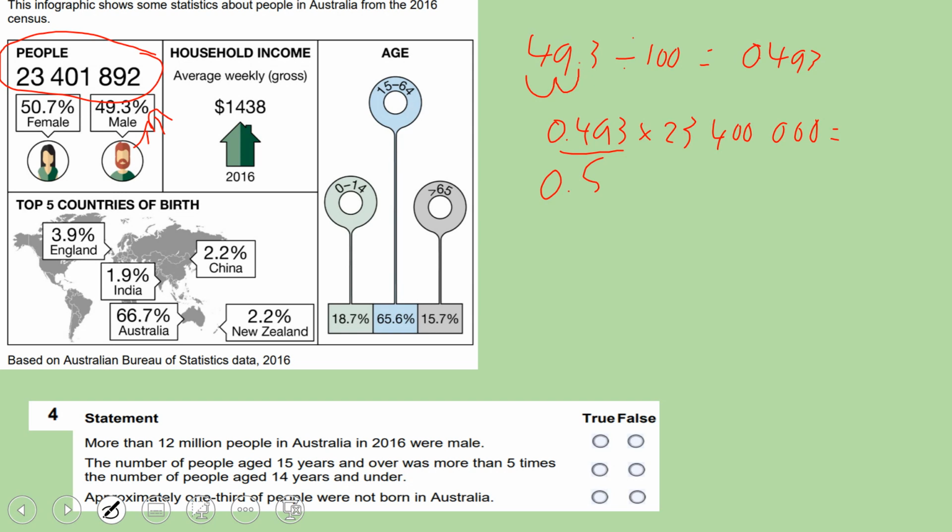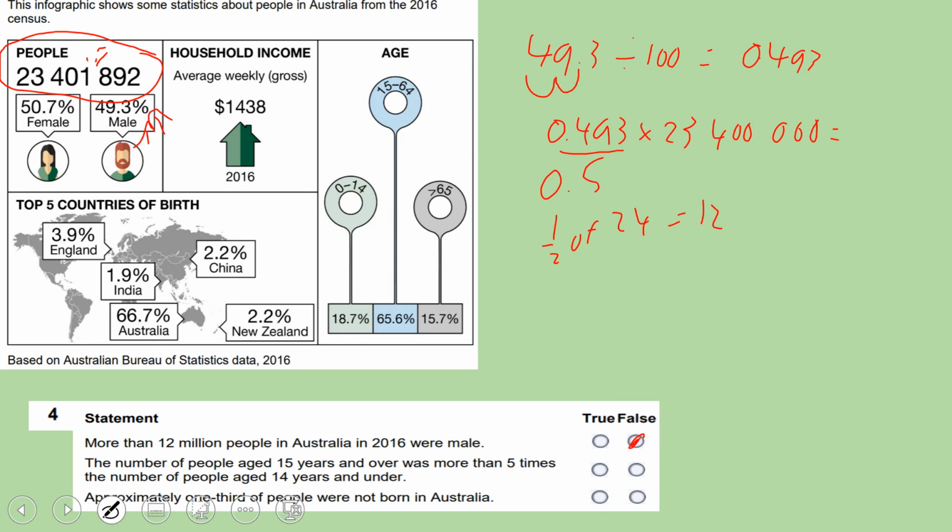Half of 24 million will be 12 million. So to say that there's more than 12 million, it would only be possible if we had half of 24 million. We've got less than half of less than 24. So obviously it has to be less than 12 million.